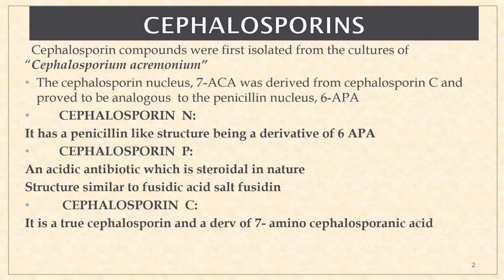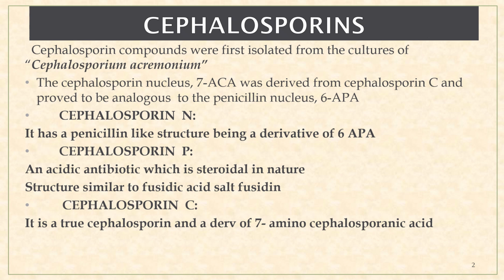Cephalosporin compounds were first isolated from cultures of Cephalosporium acremonium. The cephalosporin nucleus, 7-amino-cephalosporanic acid, was derived from cephalosporin C and proved to be analogous to the penicillin nucleus 6-amino-penicillanic acid. Cephalosporin N has a penicillin-like structure and is a derivative of 6-amino-penicillanic acid.